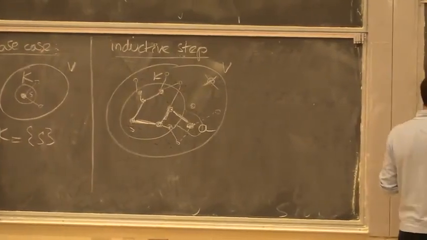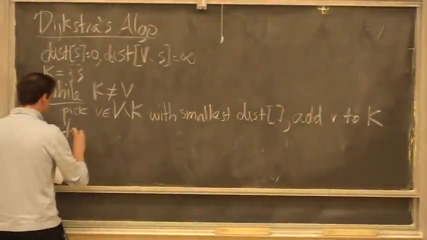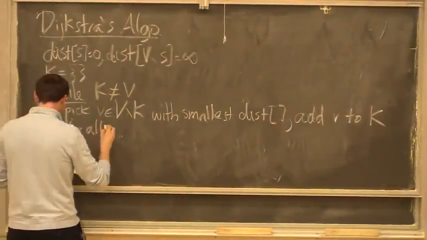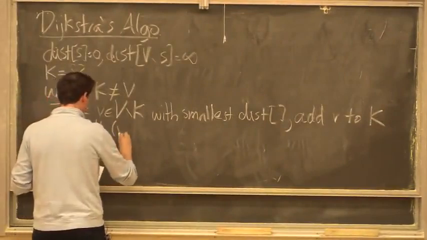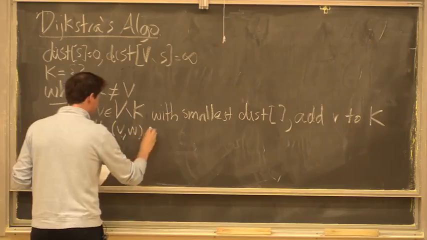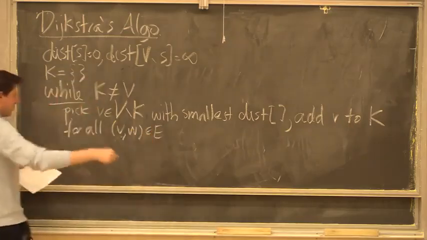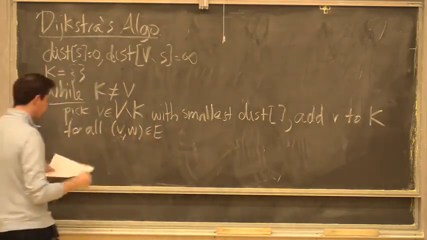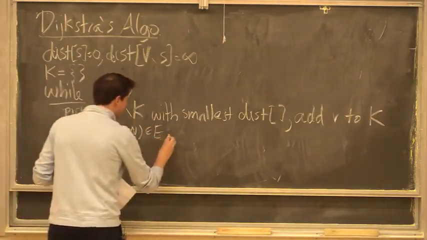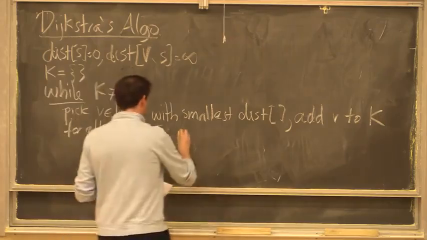We're going to say, for all outgoing edges from V, the vertex we just added to the known region, we are going to make a comparison.